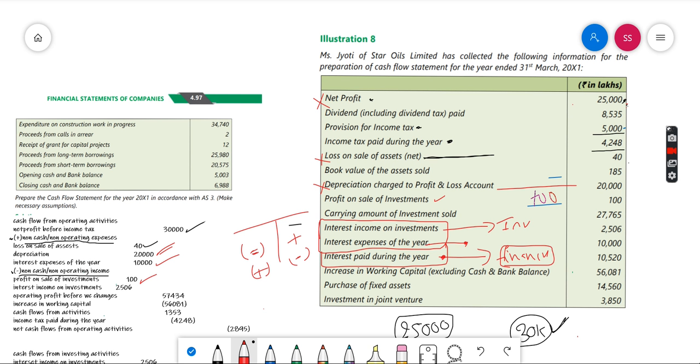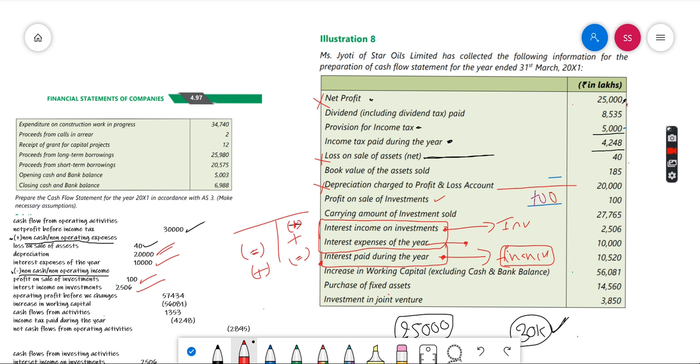Interest paid, you won't record in the operating activities; you will directly record it in the financing activities. And interest income on investments, you might have added it, so now deduct that. Interest income on investments is 250, and it will be considered a non-operating income.